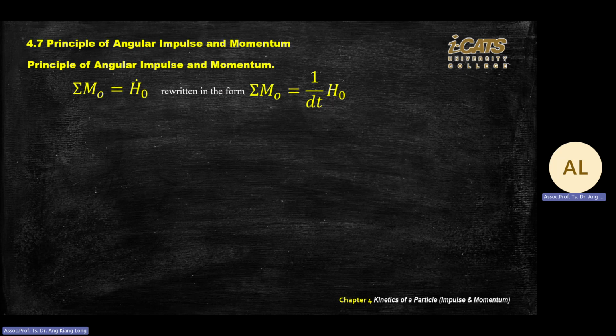Now you are on the angular impulse and momentum, so we rewrite the equation. M_O equal to H dot. We break it into dH/dt. On the right-hand side, we replace the dot with 1 over dt, and we move the dt from the right to the left.